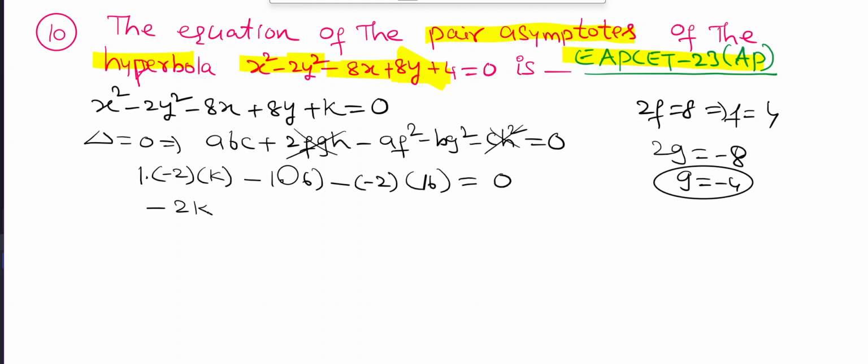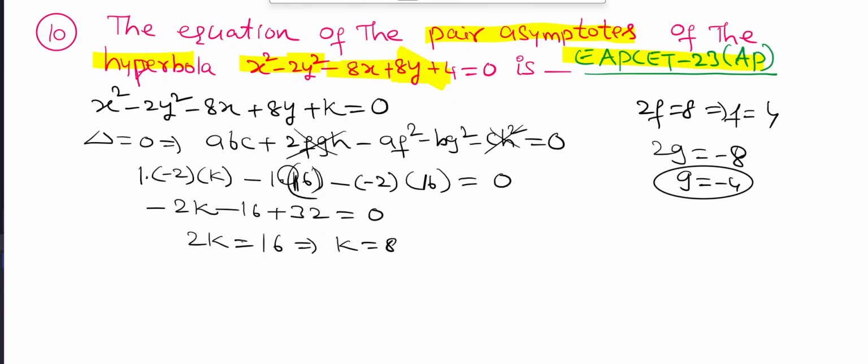This is minus 2k, minus 1 into 16, this is minus 16 plus 2 into 16, 32, is equal to 0. From this, 2k is equal to 32 minus 16, which is 16. From this, k is equal to 8. The value of k is 8.